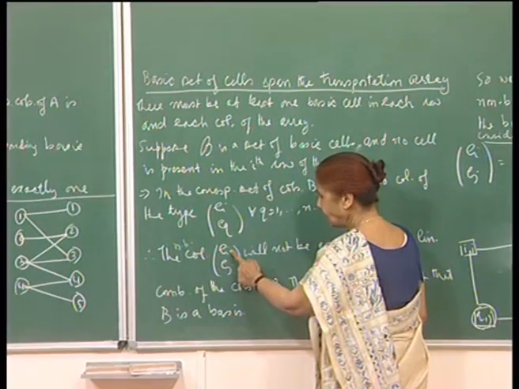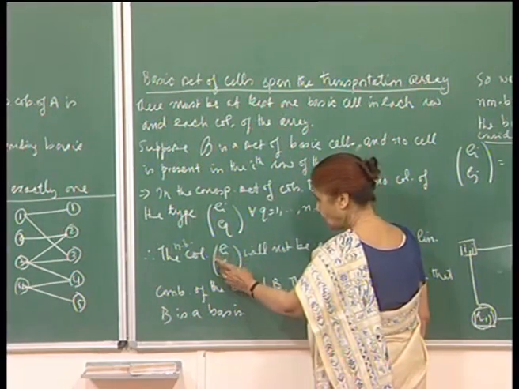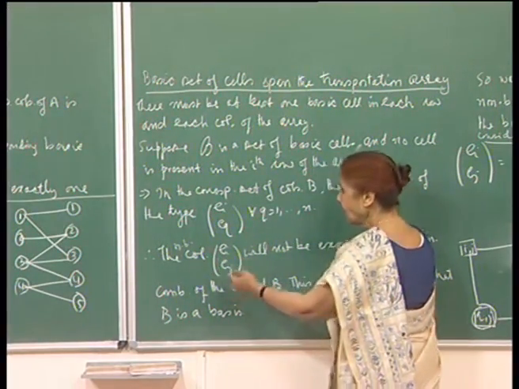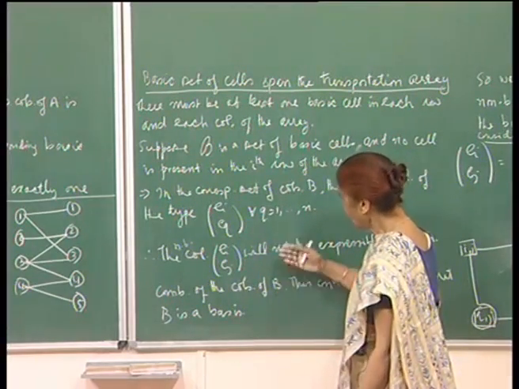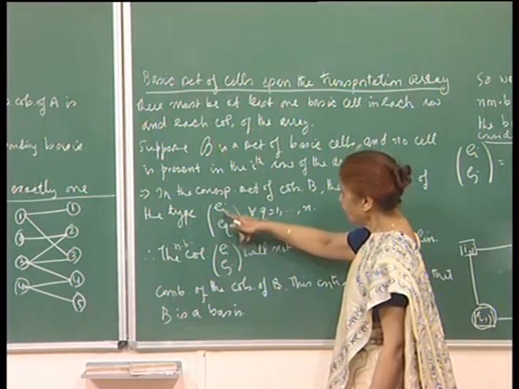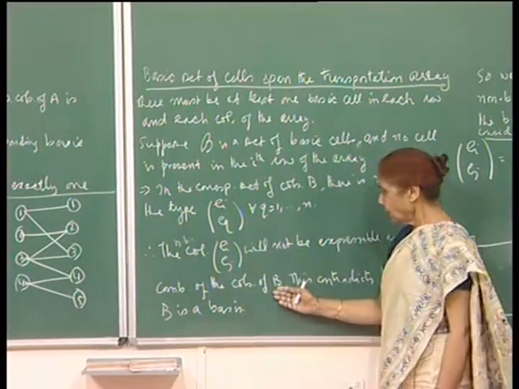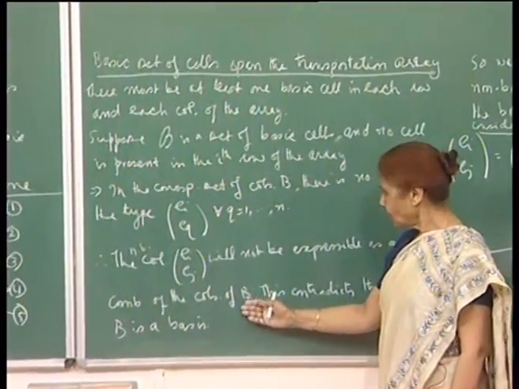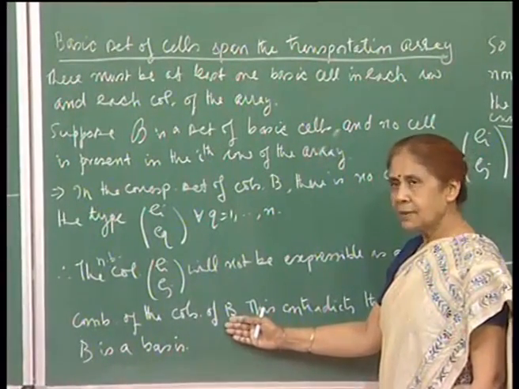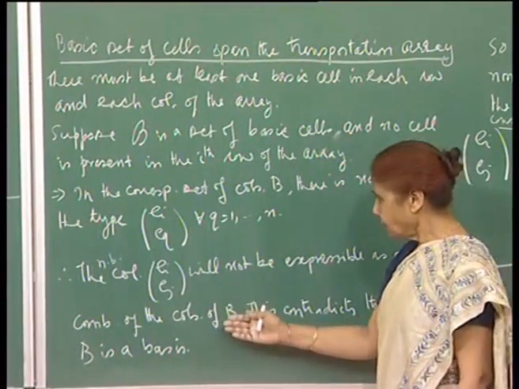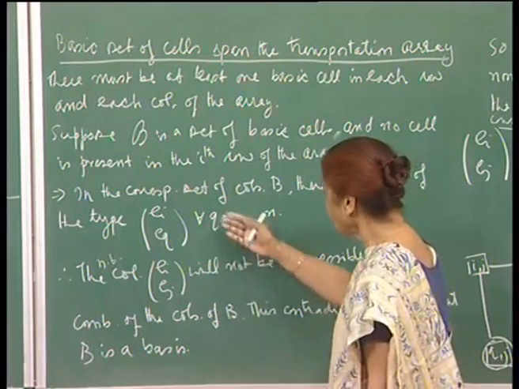I need a 1 in the ith place to express this column in terms of the basis columns, but if the basis columns do not have any column which has 1 in the ith place, I cannot express this as a linear combination of the columns of B. So, this will contradict the fact that B is a basis, and therefore, this is not possible.